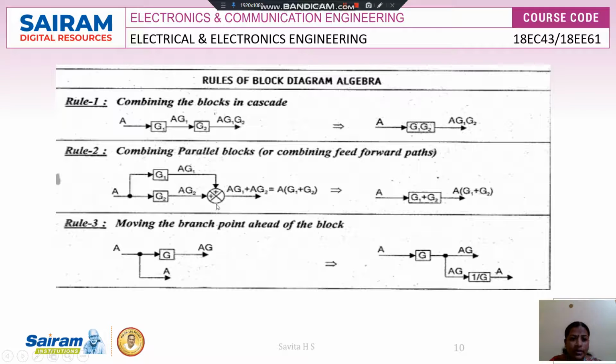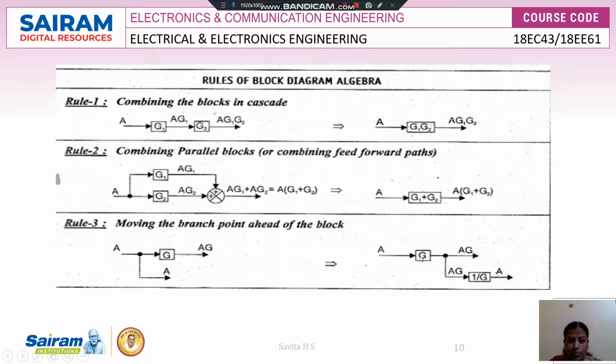Next one is moving a branch point ahead of the block. That means this branch point I need to shift to this point. With this diagram, what output I am getting here is A into G, and here it is A. Now we can see the same output I need to get here. First I'll finish this step.